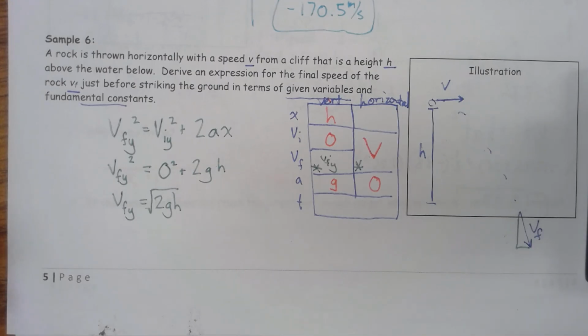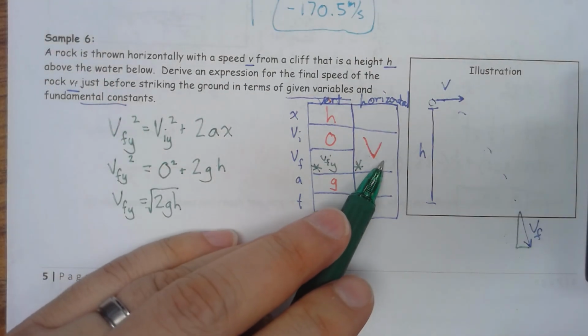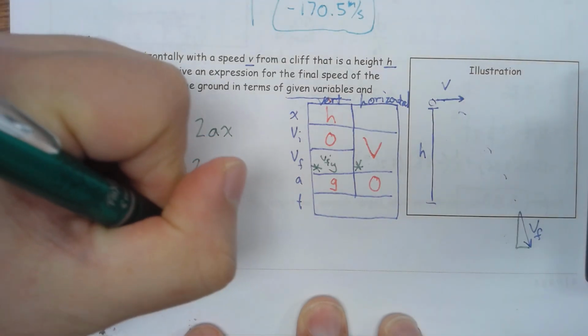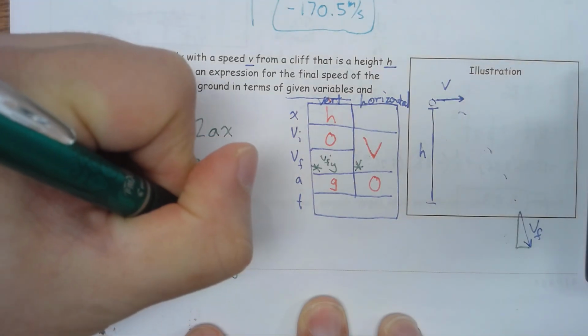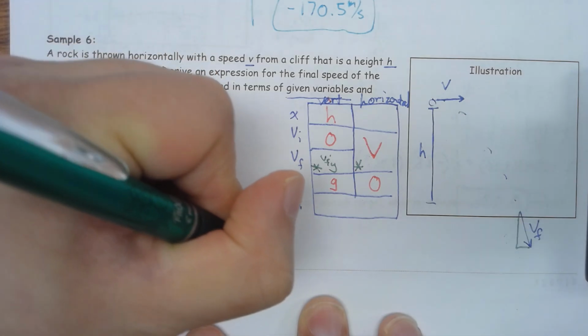What do I need to do to find my diagonal? Pythagorean theorem. Wait, but you don't have the other leg yet. Isn't that just V? We call it V. Right? So here's the thing. You would say I need VFY squared plus VFX squared.